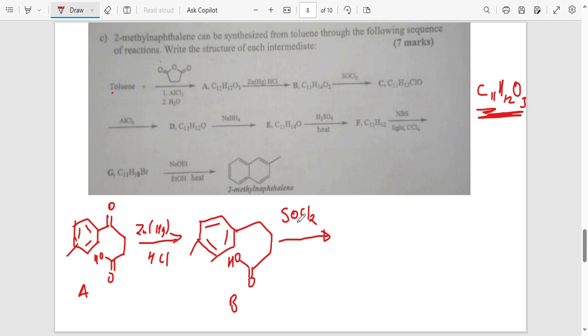When you react a carboxylic acid with SOCl2, you need to know that when you are reacting an alcohol with SOCl2, that alcohol is displaced and replaced by a chlorine.